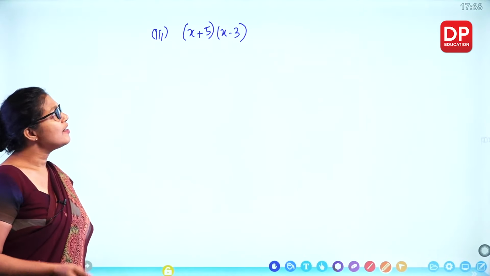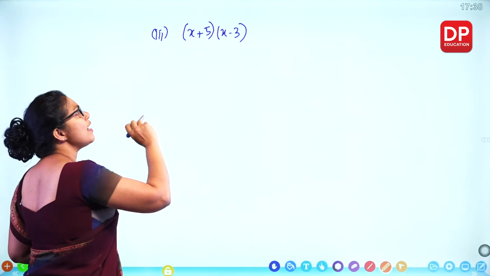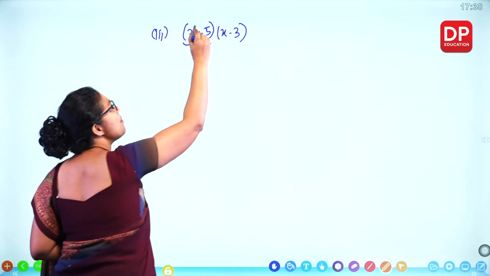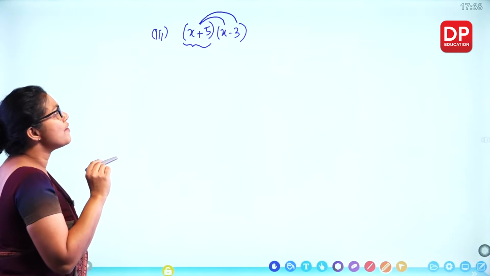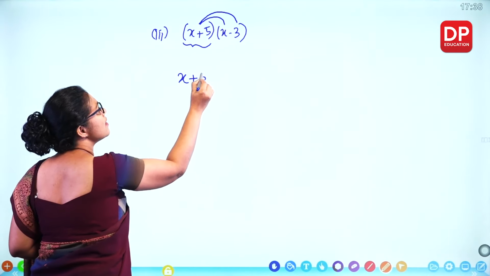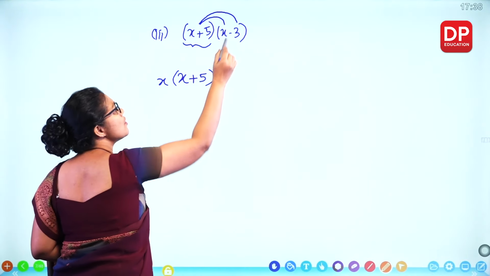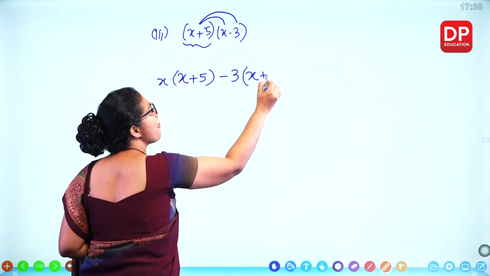Okay, again you get two expressions, binomial expressions. You are asked to expand it. So we can take this as one expression and multiply it with this and with this number. So how can we write it down? You can take (x plus 5) into x as the first term. What's the next term? You get minus 3 times (x plus 5).